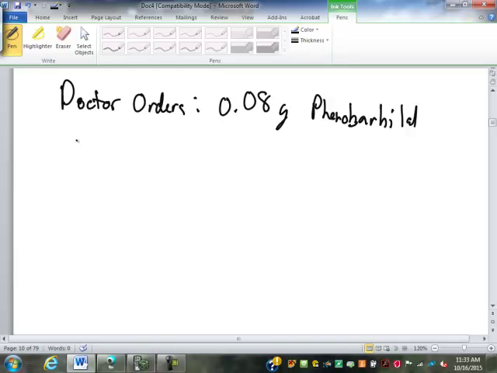And the bottle, the label, is elixir GR SS per milliliter.